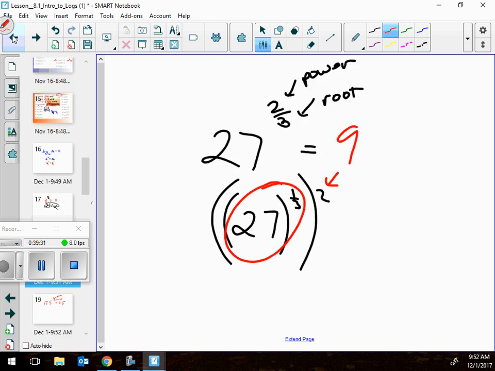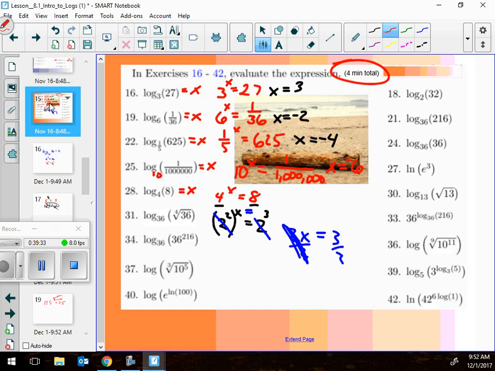Now, your homework, I'm going to just sum up here. All these was rewriting them and solving them. This is the second page. And there will be some times when you have to do fraction exponents to be able to solve them. Like that's what we just did here. And I showed you how to make the bases the same to solve them. Okay.